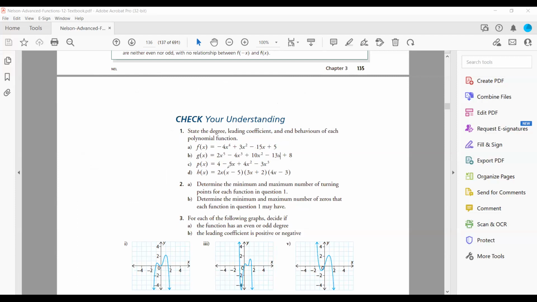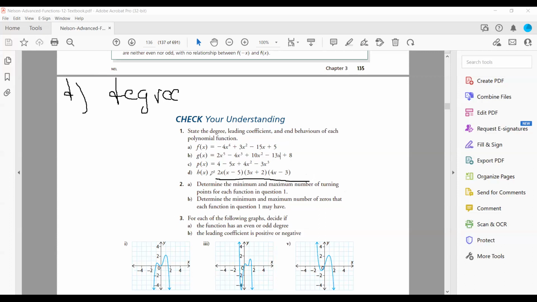Let's take a look at D. It has a pretty interesting shape. So degree of example D. How do we evaluate the degree when the polynomial function is expressed in product terms?